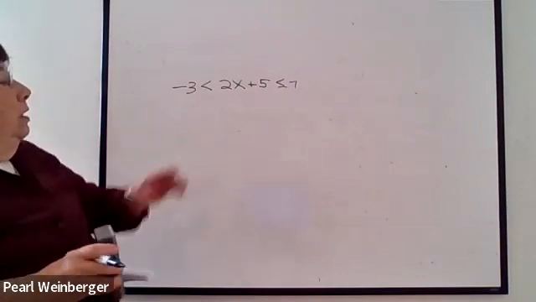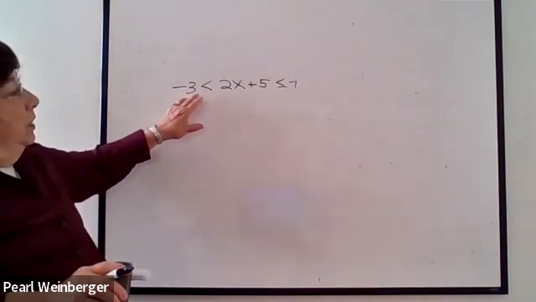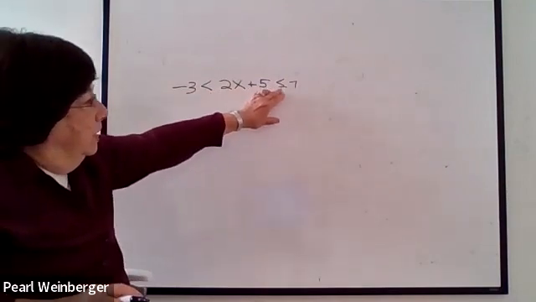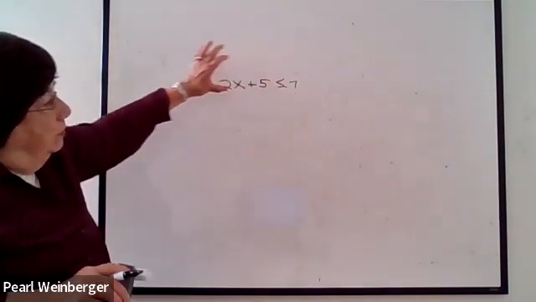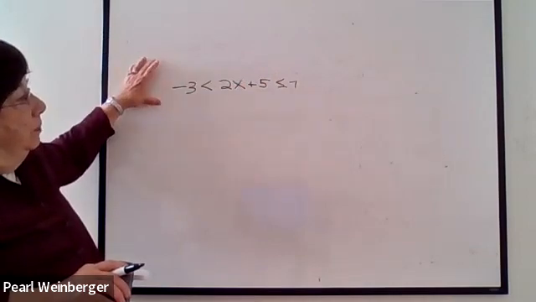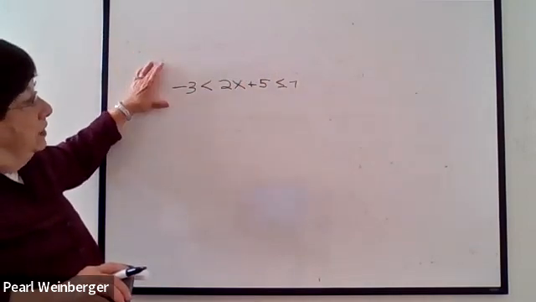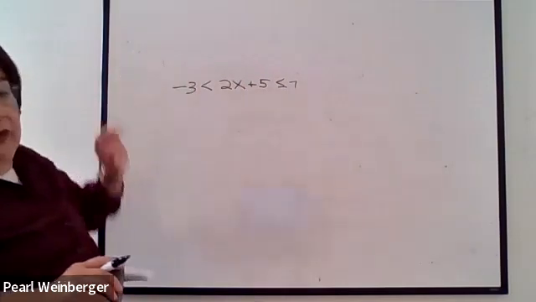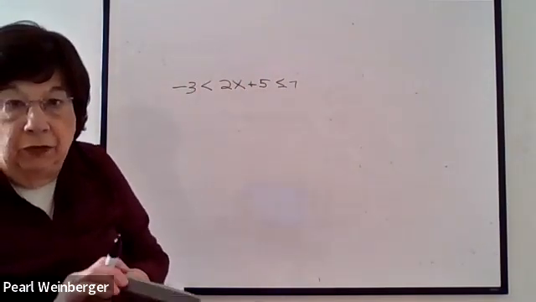Okay. It reads negative 3 is less than or equal to 2x plus 5, which is less than or equal to 7. Again, we have a double inequality, a compound inequality. Please solve this, draw it on the number line, and write it in interval notation. I'll give you a few minutes to try that.